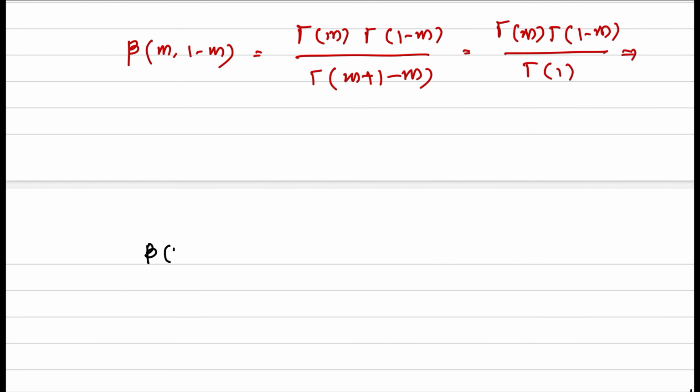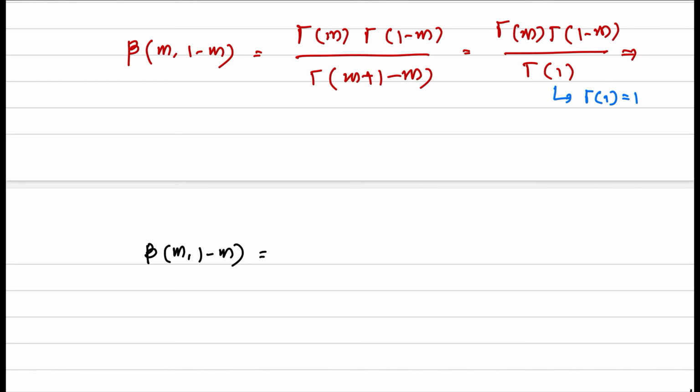I am not going into the proofs of anything. We will be taking up the advanced proofs in the following classes. Beta m 1 minus m is equal to, what is the value of gamma 1? Gamma 1 is nothing but 1.